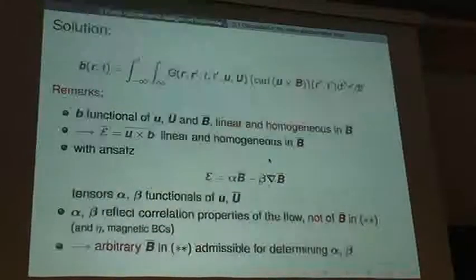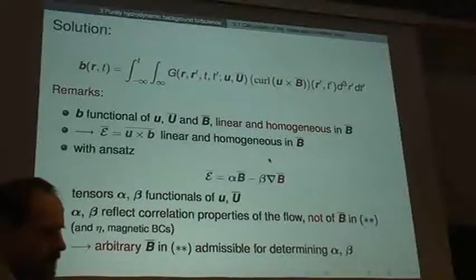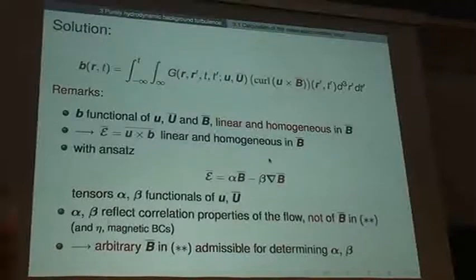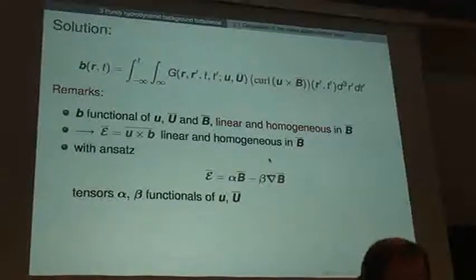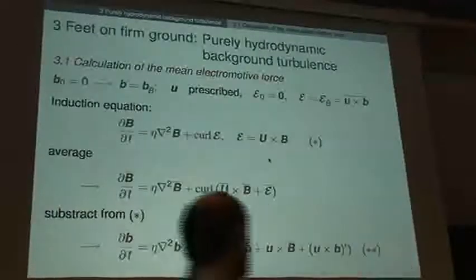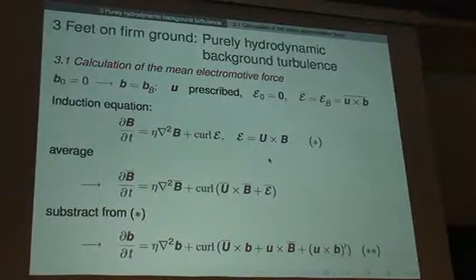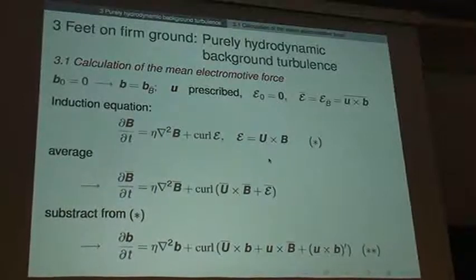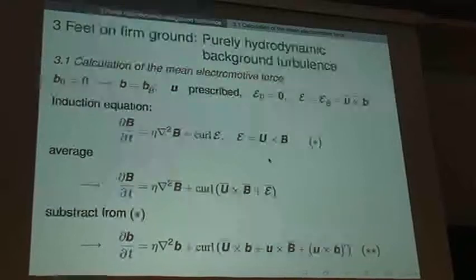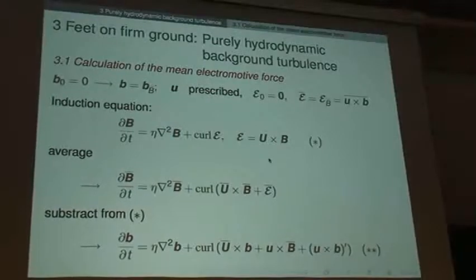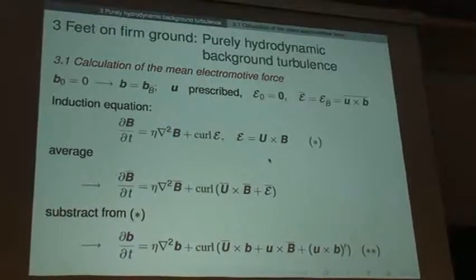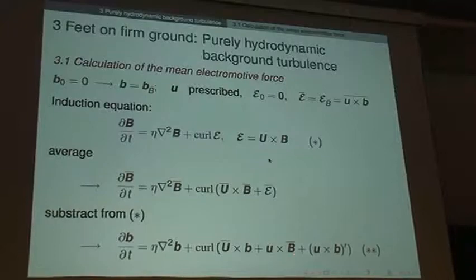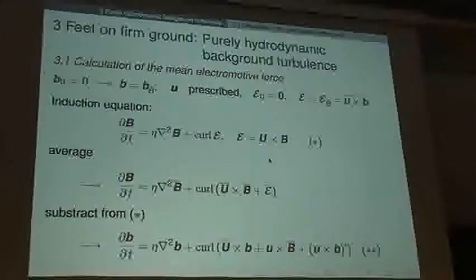So this means, further, that if we remember the preceding slide, maybe I should go back. You remember this equation, then for figuring out alpha and beta, which reflect properties of the flow, it is without any relevance what mean field is put in here.